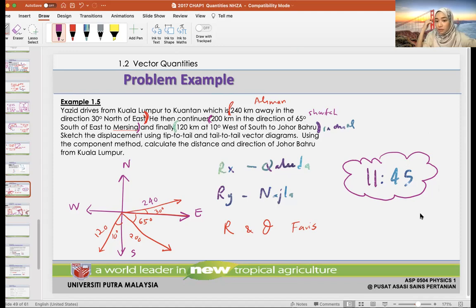Doctor, the second and third vector, the degree will be in negative, right? Second, yes. Third, you can't use 10 because it's not referring to the x-axis. But okay, that's a good question. So, nanti kita akan discuss pasal ni.